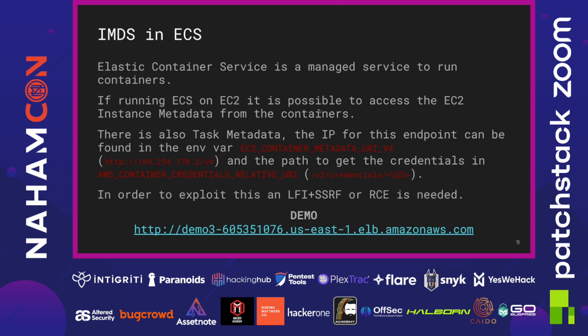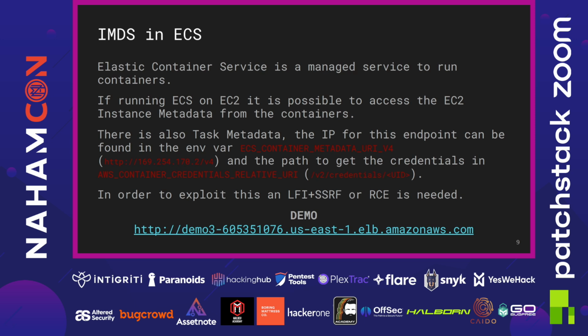So we're going to start talking about other AWS services. In this case, we're going to start with ECS, which is the container service. This is a managed service by AWS, which allows us to give it a container and it will run it for us. Under the hood, ECS runs on EC2.